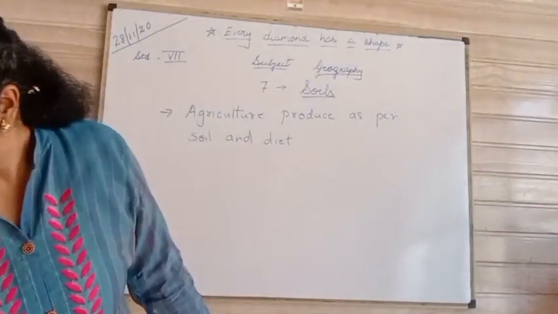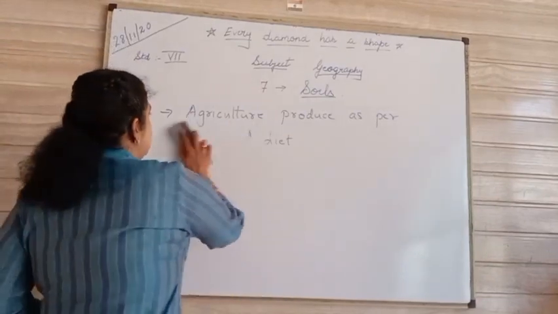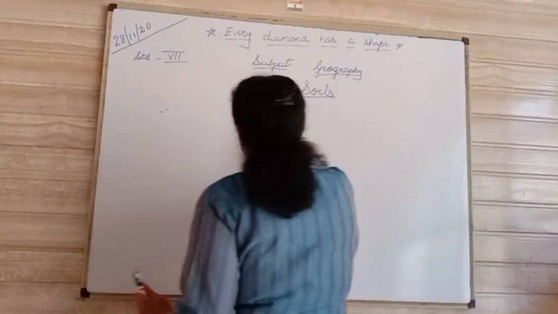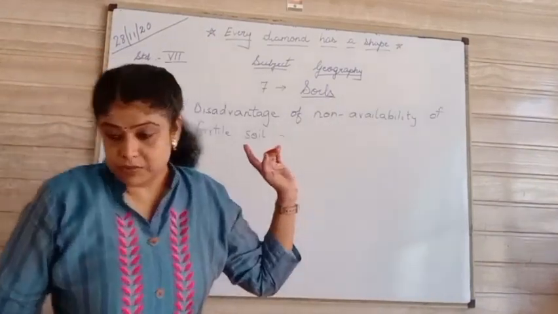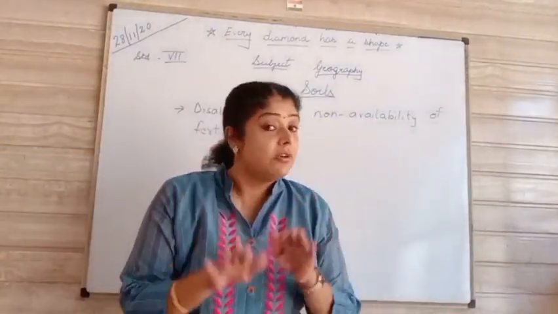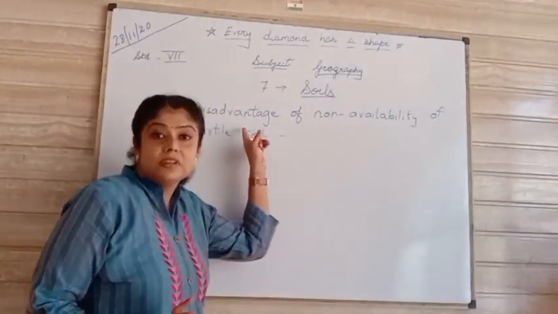The next part we come to is the advantage and disadvantage of the fertility of the soil. The disadvantage of non-availability of fertile soil: if the soil is not fertile in a particular region, it leads to some disadvantage.